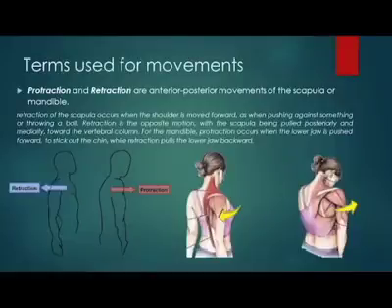Retraction is the opposite motion, with the scapula being pulled posteriorly and medially toward the vertebral column. For the mandible, protraction occurs when the lower jaw is pushed forward to stick out the chin, while retraction pulls the lower jaw back.